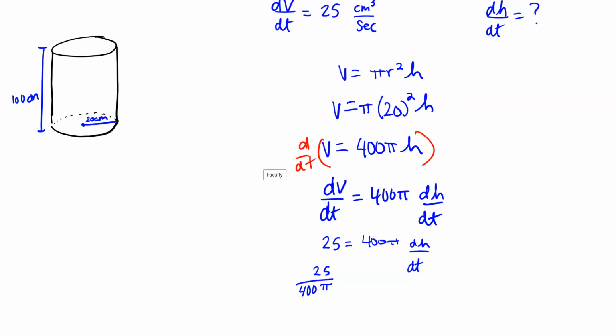Hopefully that is right. Yeah, it's 1 over 16 pi. Wouldn't it be 400 pi times h times dh/dt?